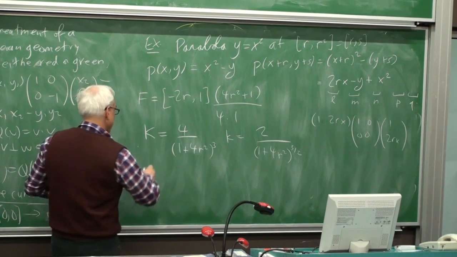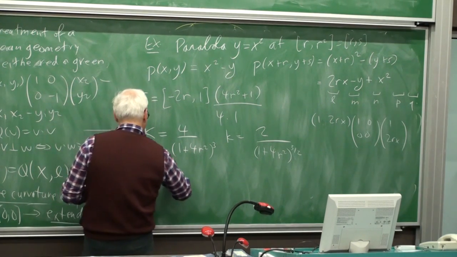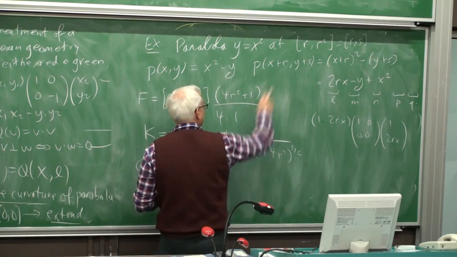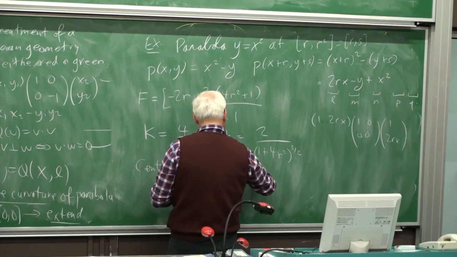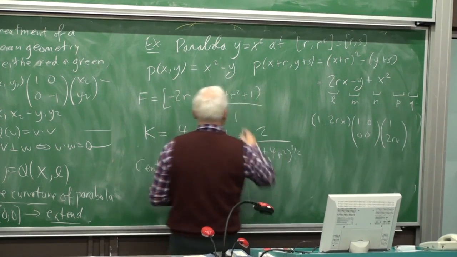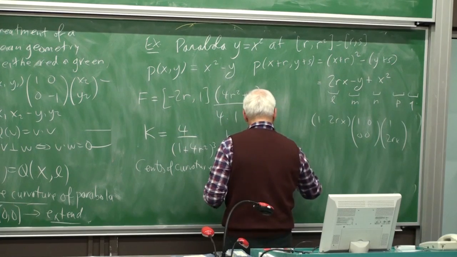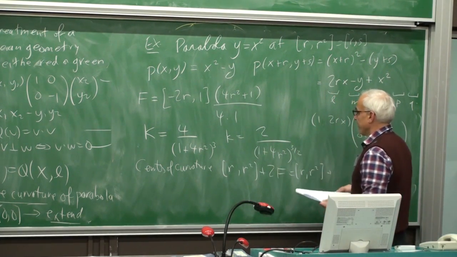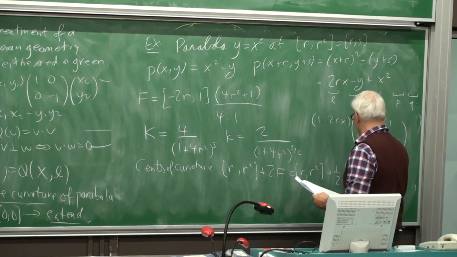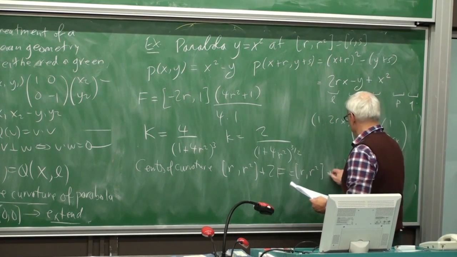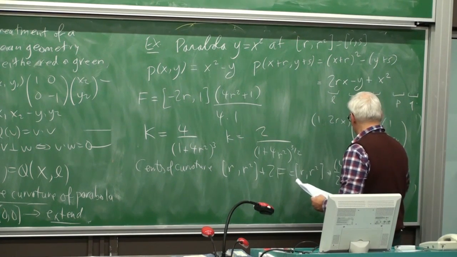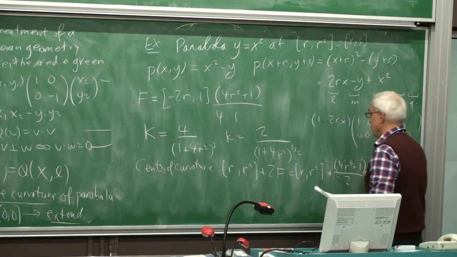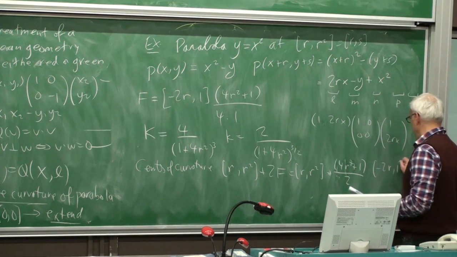And the center of curvature will be, I'll resort now to our form, r, r squared plus 2 times this thing, plus 2f. So that's r, r squared plus 1/2 of (4r squared plus 1) over 2 times minus 2r, 1.